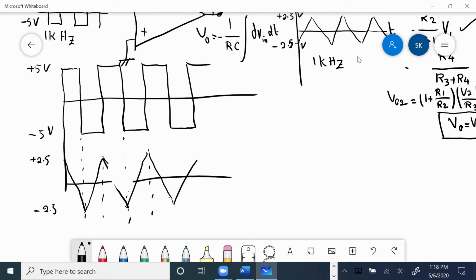If the frequency f is 1 kilohertz, that means this period is 1 millisecond. Are we good?